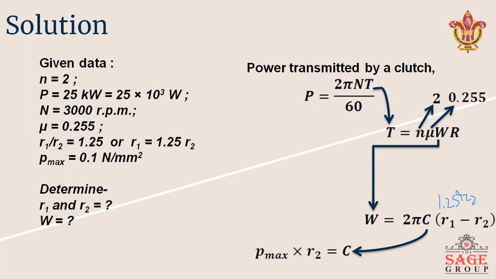So 1.25 minus 1 times R2 equals 0.25 of R2.